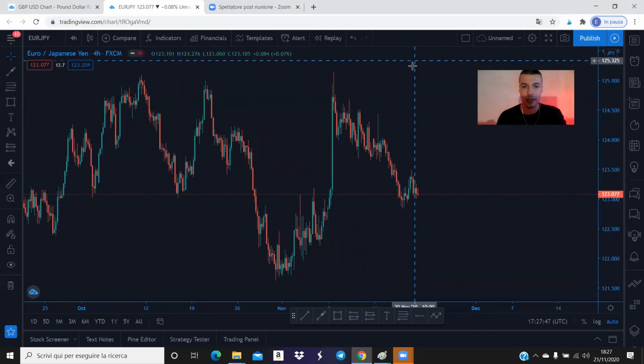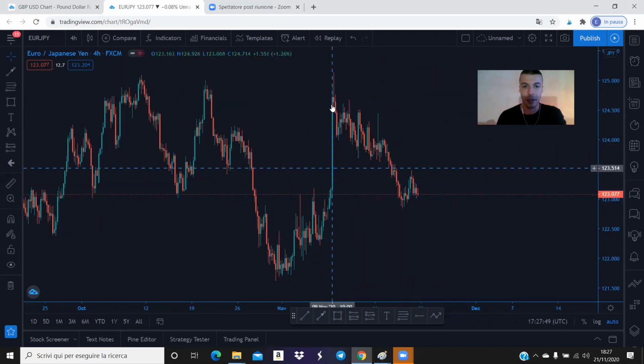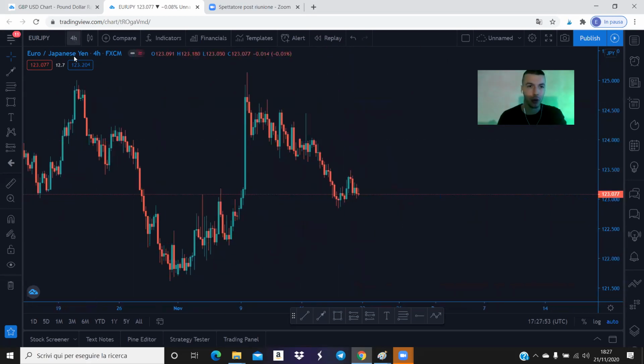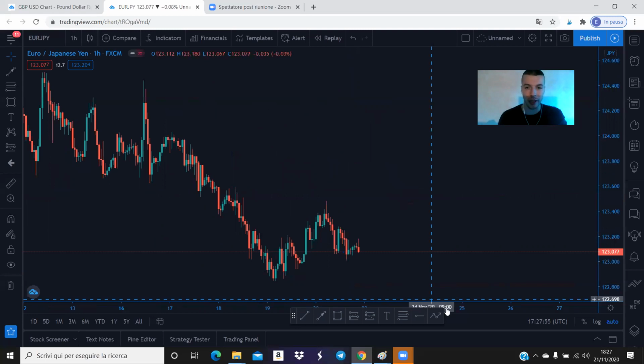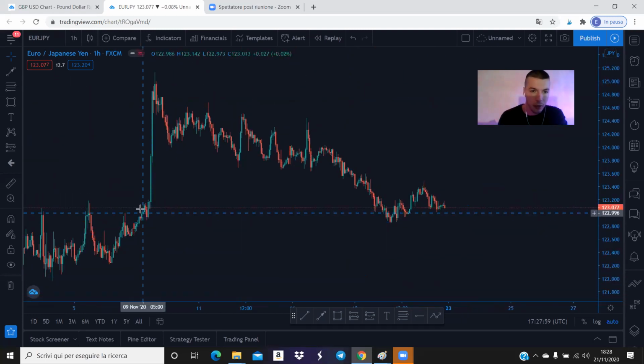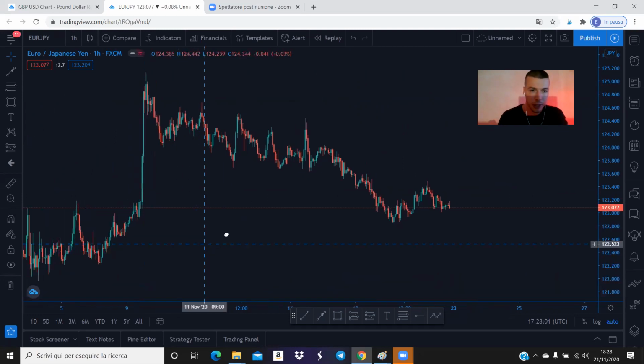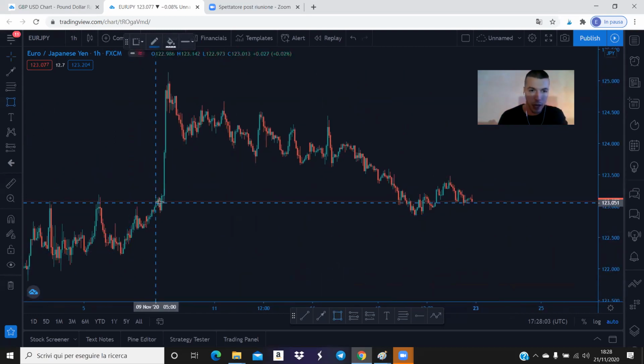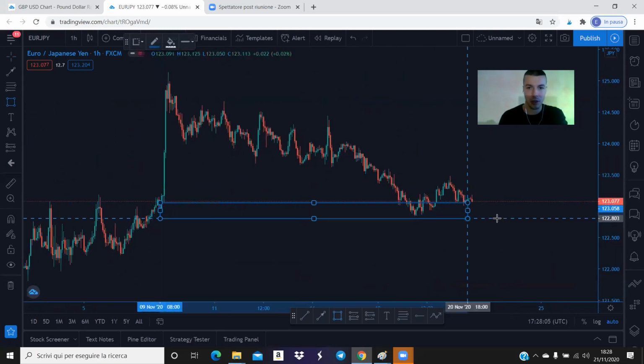Here, I told you that this is EuroJPY. We understand that it is going to the upside. We see this huge push to the upside. We go to the 1 hour to check the basing candle, because on the 4 hours we couldn't see it. Finally we see the basing candle right here. Put down our demand zone.